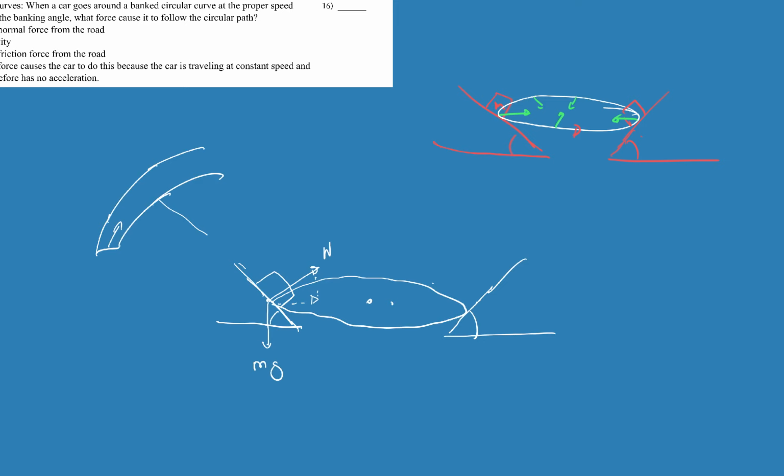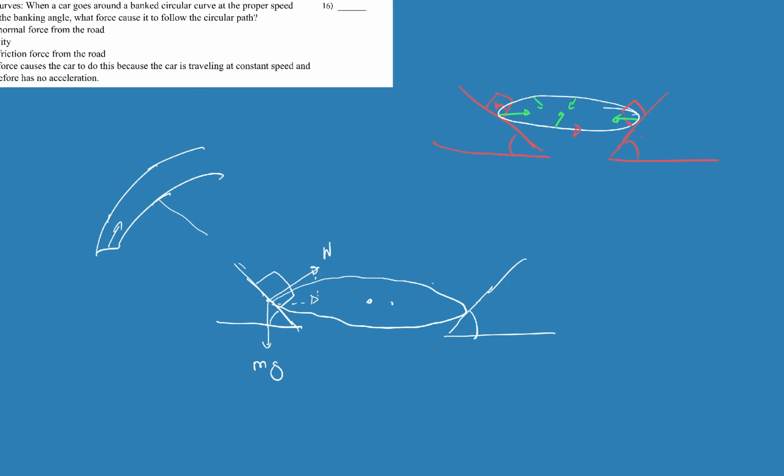Okay, so what are the forces acting on the mass? On the mass, there is the weight, mg, going downwards, and the normal. Is there any other force acting on the body? Well, the floor is acting on the body, this is the normal. The earth is acting on the body, this is the weight. Is there any other force?